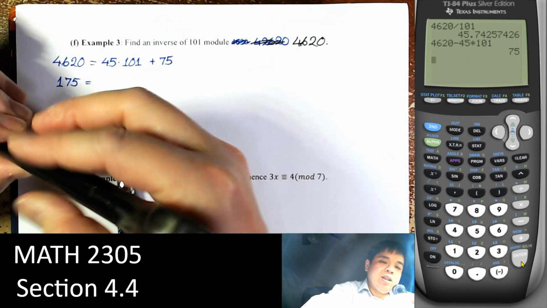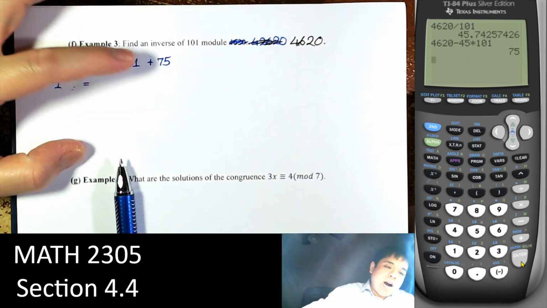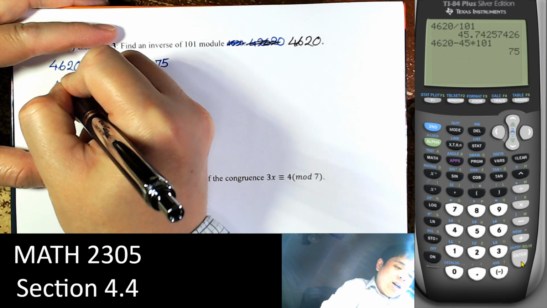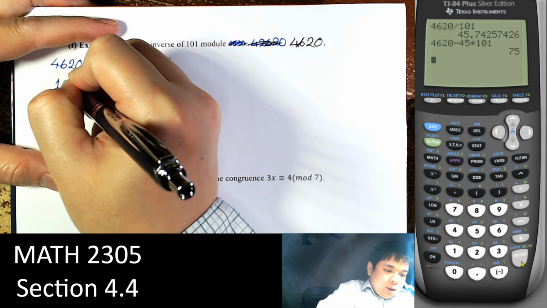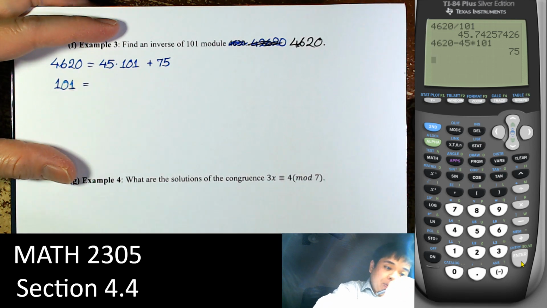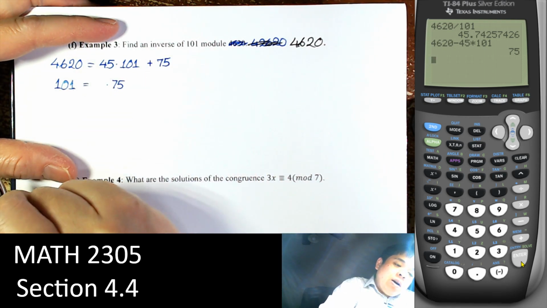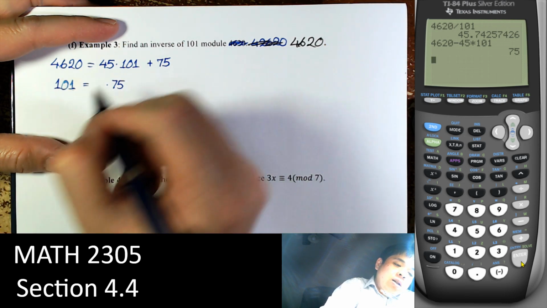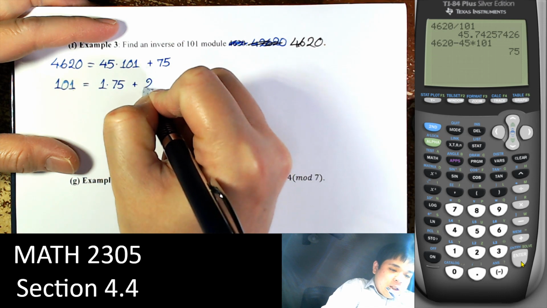We just go with the divisor and remainder, like this. This is the Euclidean algorithm. 75 is the divisor, and because it goes in only one time, the remainder will be 26.